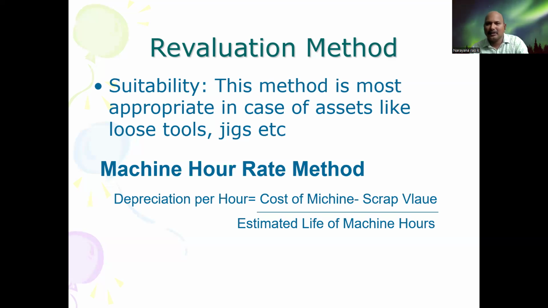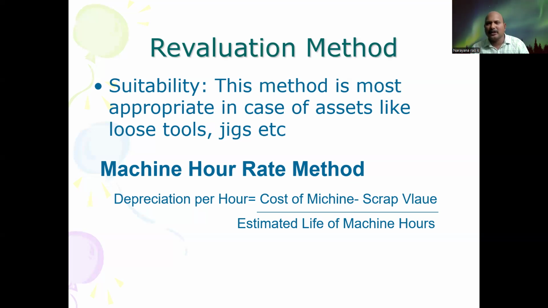The tools' lifetime is generally a long period, so we can't calculate the depreciation. Every 2-3 years, or every year, we revalue the asset to see whether it is useful or not. What is the value? Whatever value is reduced will be called depreciation.